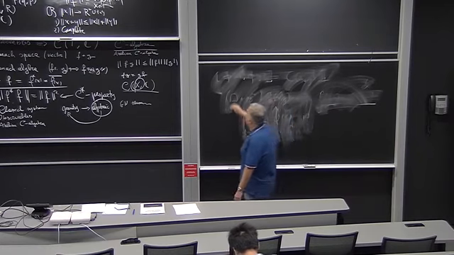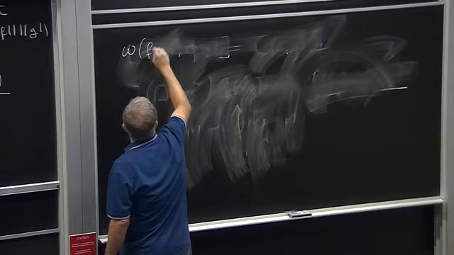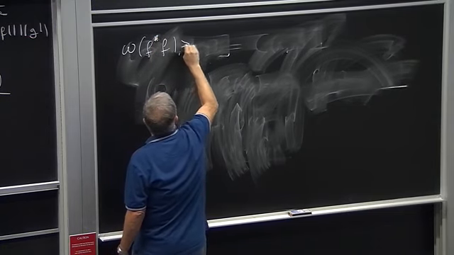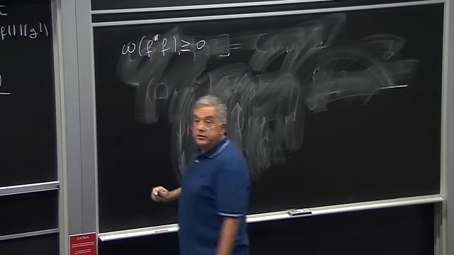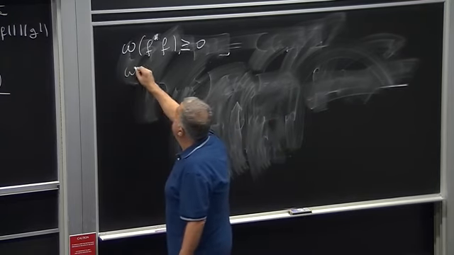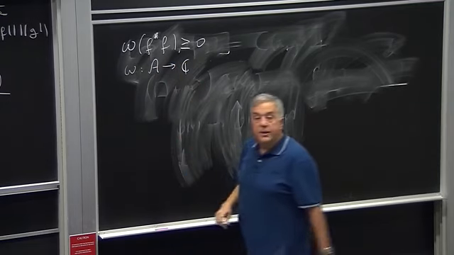So we said that this state has to be such that f star f is positive or zero, and is a linear map from the algebra of observables into the complex numbers.